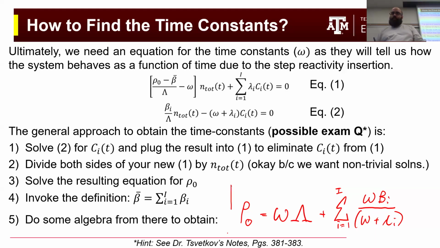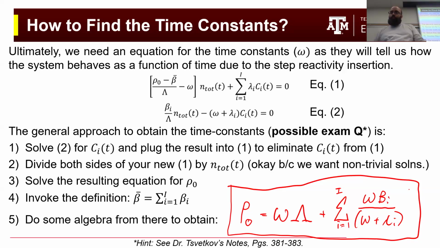So if we go through that process, this is the equation that we end up with that we can use to solve for those time constants. We can't solve it analytically, but we can solve it using a computer, like a graphing calculator or a numerical solver.